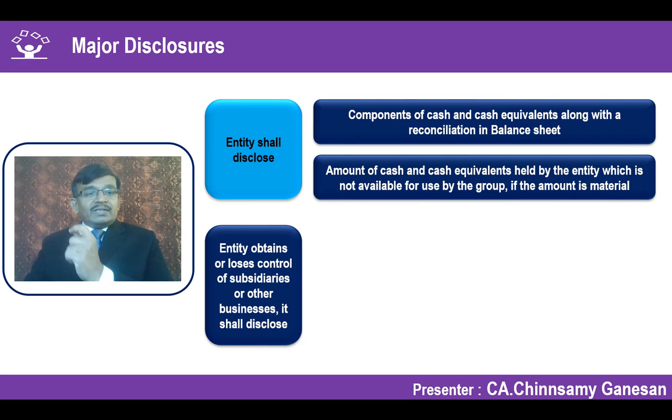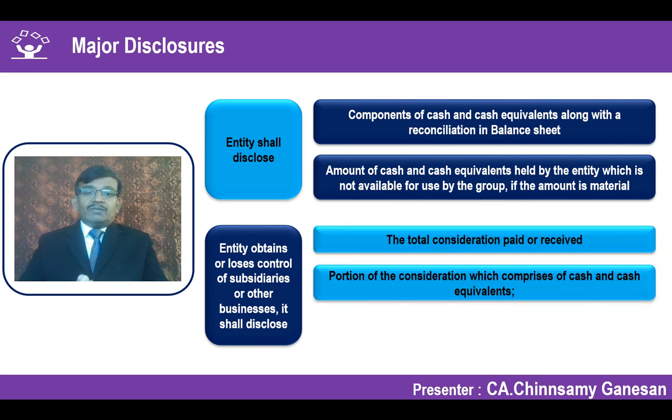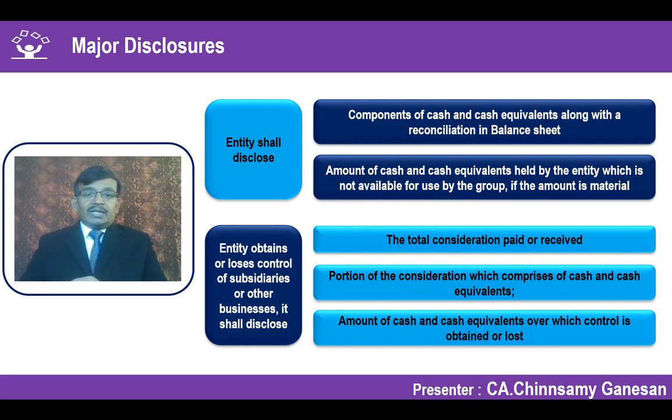In case the entity loses control of a subsidiary or other businesses, that means it has sold the investment made in a subsidiary, and because of that sale it loses the control and maybe it becomes a normal financial asset, or it may now become only an associate entity. Then what is the total consideration paid or received, what is the portion of the consideration comprising cash and cash equivalent, and what is the cash and cash equivalent of the entity over which control is obtained or lost.